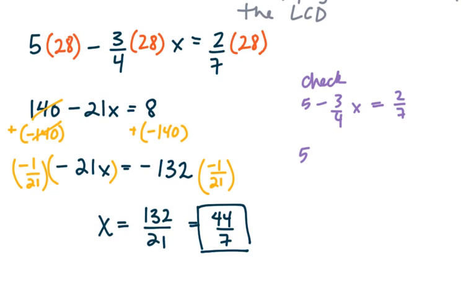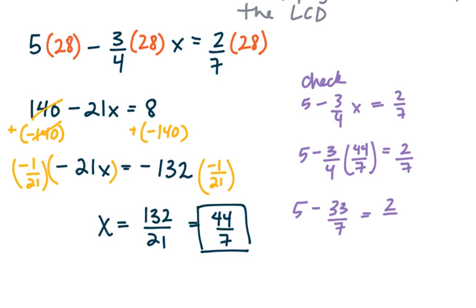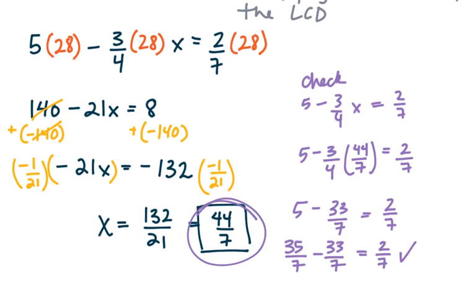So that gives me 5 minus 3/4 times 44 over 7 equals 2 over 7. 4 goes into 44 11 times, so I have 5 minus 3 times 11, 33 over 7 equals 2/7. 5 in terms of sevenths is 35 sevenths minus 33 sevenths equals 2/7, which means this checks. We know we have the correct answer here, 44 over 7.